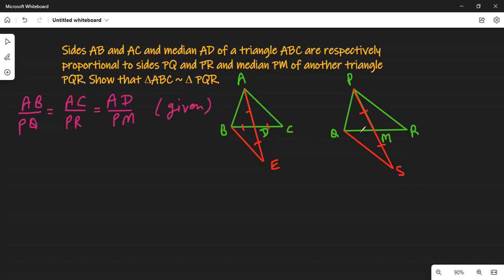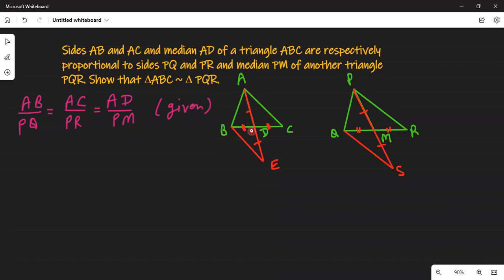Similarly, PM is a median, so QM and MR will also be equal. Let's show it by two lines. Now, using this information, we can prove triangle ADC and EDB are congruent.